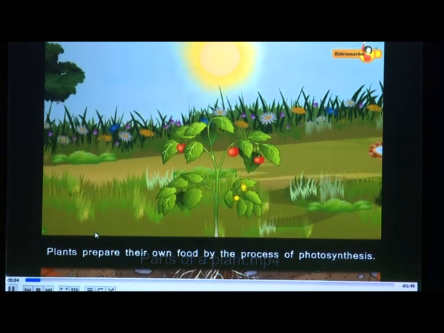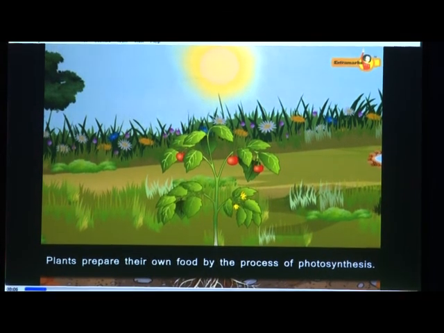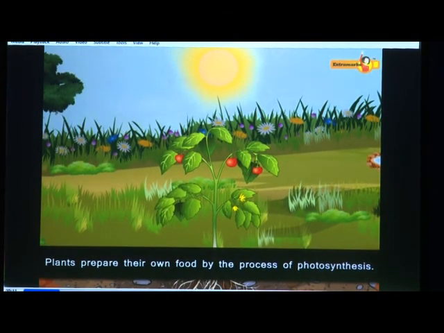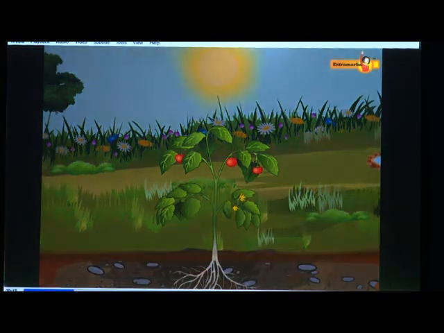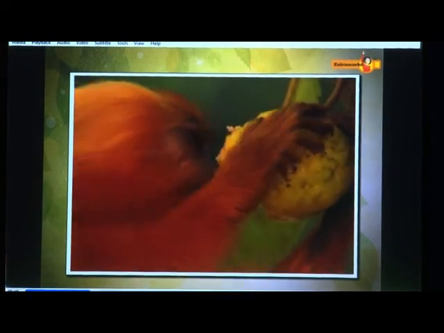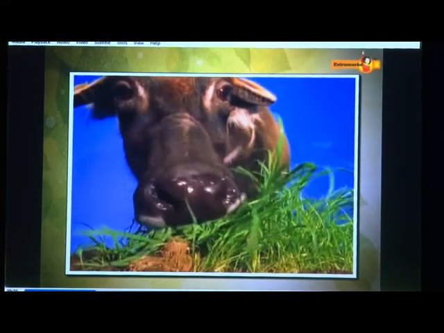The plants are the only living organisms on earth that can prepare their own food. They prepare their food by the process of photosynthesis. All other organisms on earth depend on the plants and their products for survival.